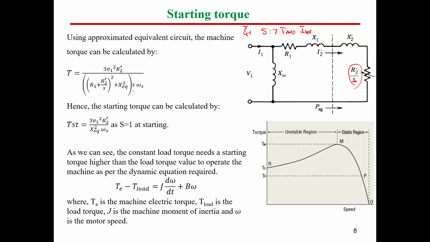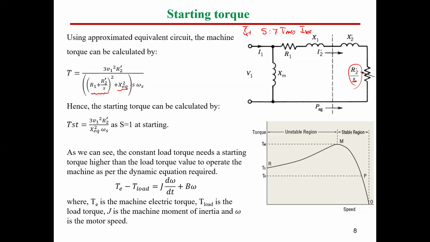If you apply S equals 1 in this equation, you will find that the value of R2 prime plus R1 is going to be very small compared to when S is a small value.